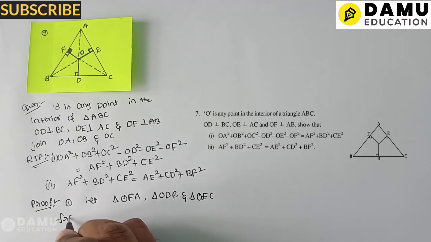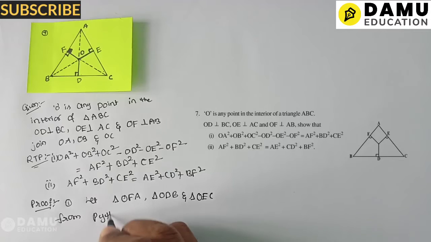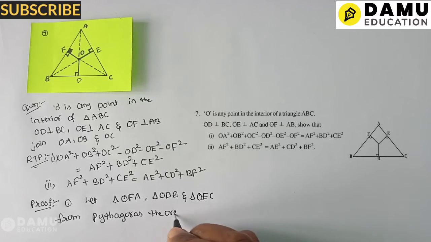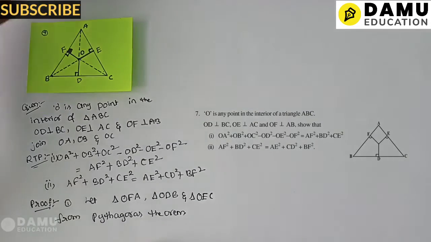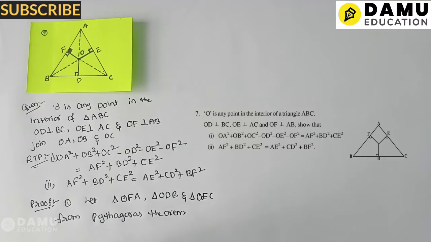From Pythagoras theorem, what you can write is: the square of the hypotenuse will be equal to the sum of the squares of the other two sides. So let's consider in this triangle, this is the hypotenuse, S1, S2. So this is the condition.